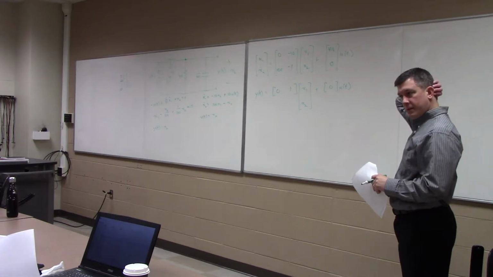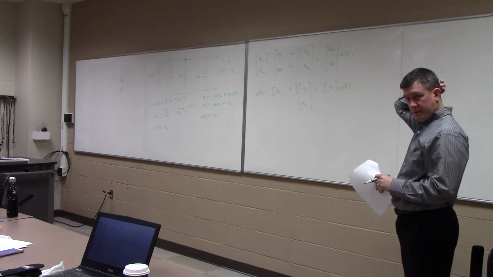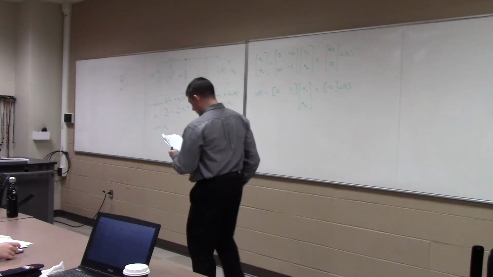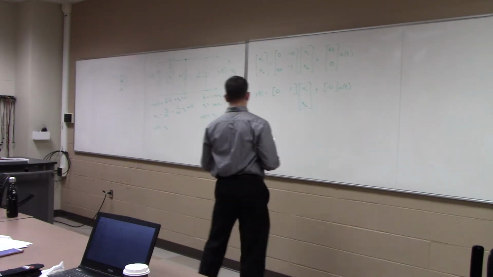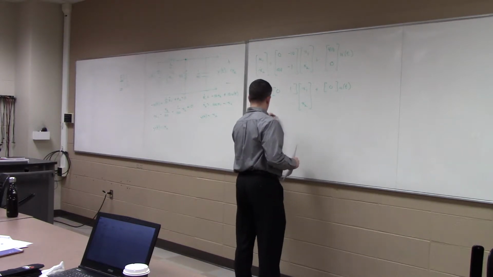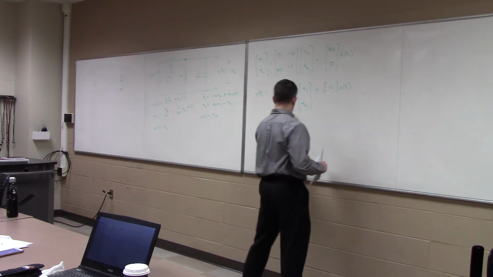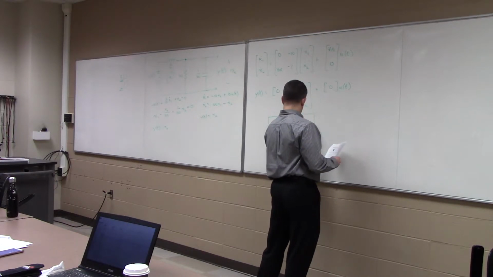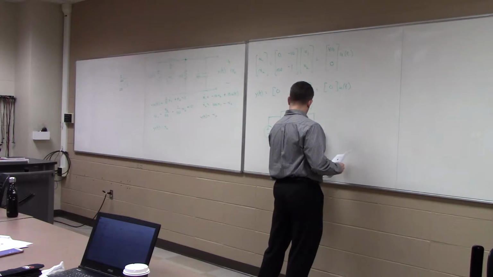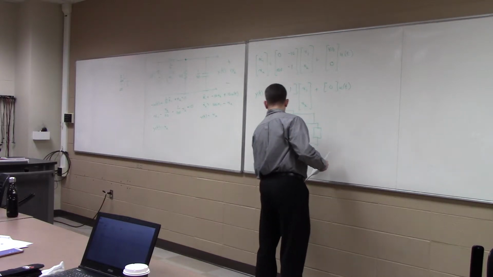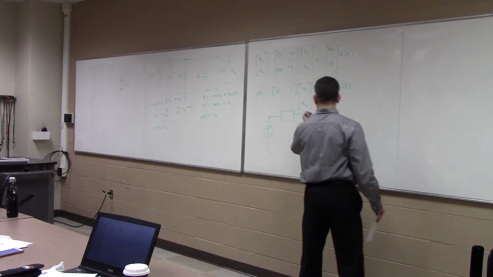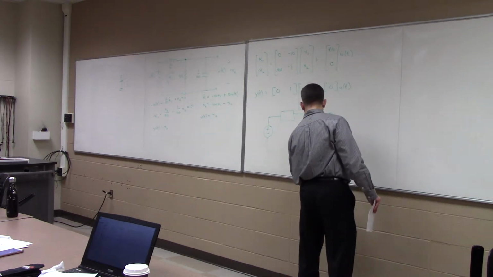Any questions on part A? Okay, so part B says find the transfer function. The easiest way to go about this is to just convert everything into impedances. So if we take everything into impedances, the circuit will look something like this.